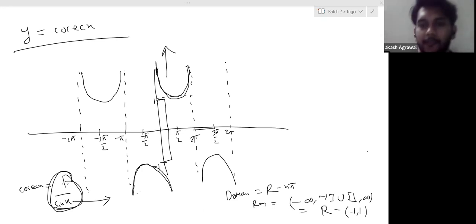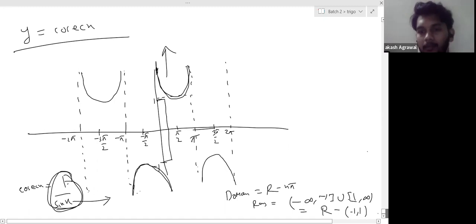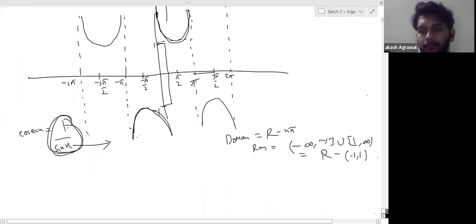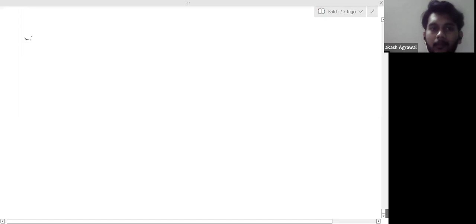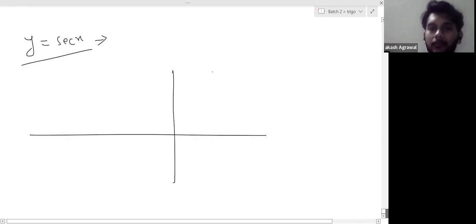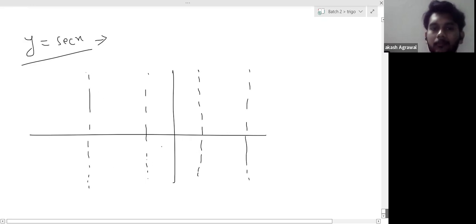All right, last graph. y equals sec x, with dotted lines at multiples of pi by 2: 0, pi by 2, 3 pi by 2, minus pi by 2, minus 3 pi by 2.